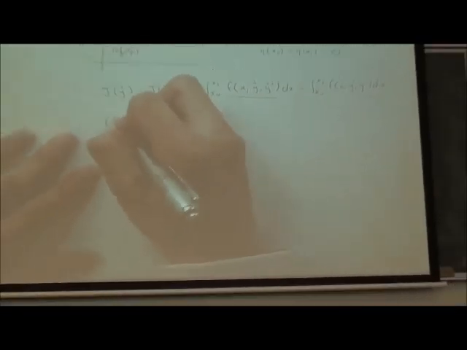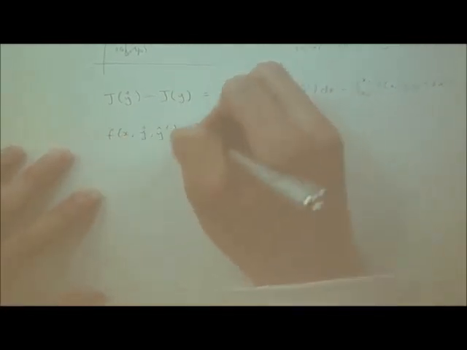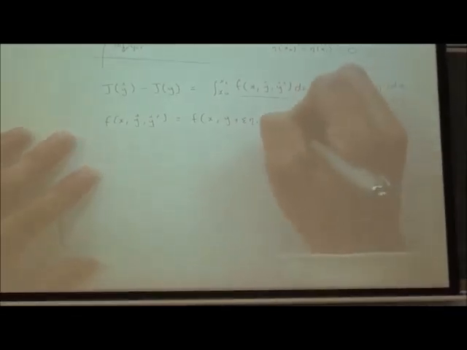The expansion goes like this if I write it out, because we're substituting y hat equals y plus epsilon eta, and the derivative of y hat is going to be y dash plus epsilon eta dash.